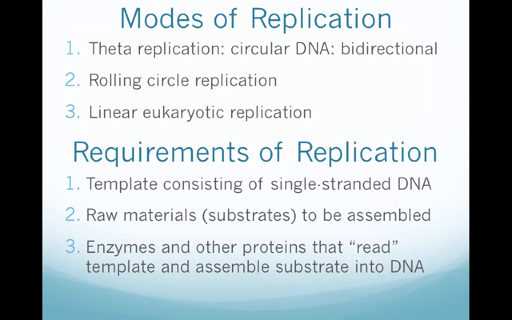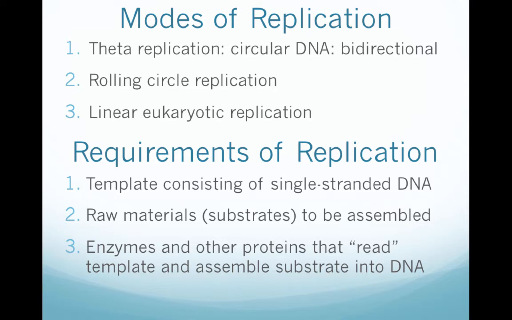There are also 3 major requirements of replication. The first one is that the template actually has to be single-stranded. We know that DNA is stable in a double-stranded fashion. However, for synthesis to take place, it has to go through a process to separate from itself so that synthesis can actually take place.